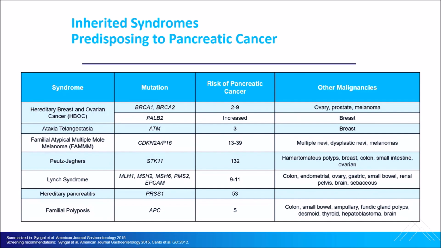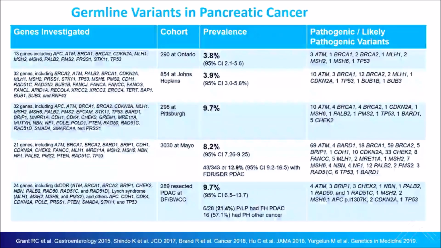But so these are sort of the genes, what I call the alphabet soup, that you'll see for pancreatic cancer susceptibility genes. What if we look at it the other way? So let's take unselected pancreatic cancer cohorts and apply genetic testing to them.